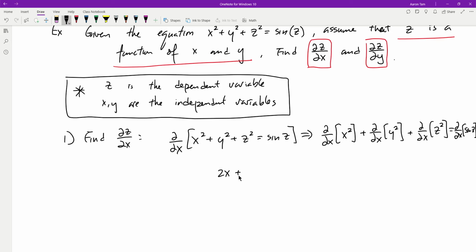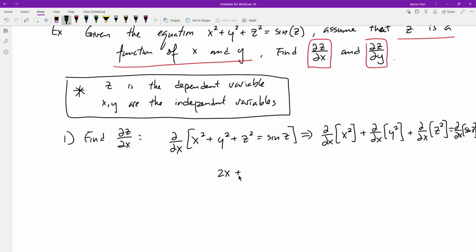Why not? Because in this setup, x and y are both independent variables, and the word independent means x and y don't change each other. Therefore, you cannot define something called dy over dx, because that requires x to change y. Remember, we talked about this in 6.2: dy over dx means how x changes y, and in this case x and y don't change each other.